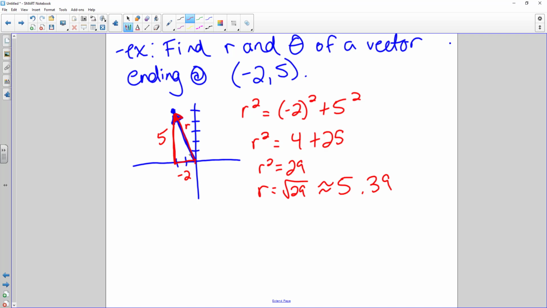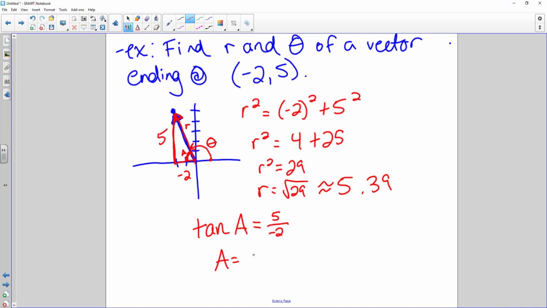Now to find my direction, I'm looking for the angle from 0 right here. That is the theta I am looking for. Now really here on my triangle, this is not theta, my direction, so I'm going to denote this with a capital A. For that angle, tangent of A would be opposite 5 over -2.